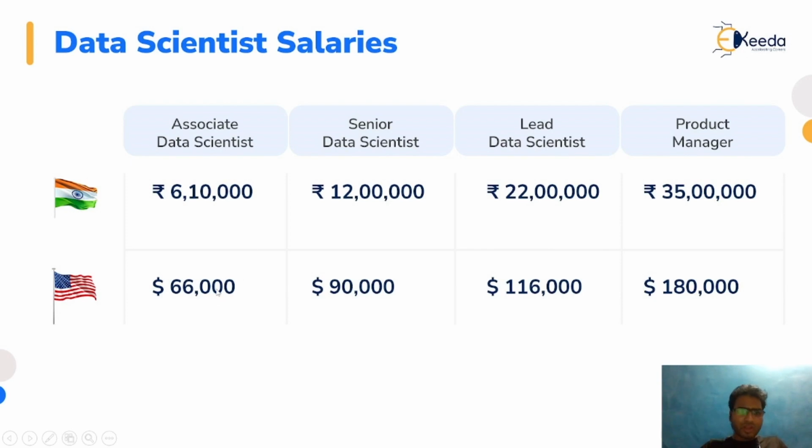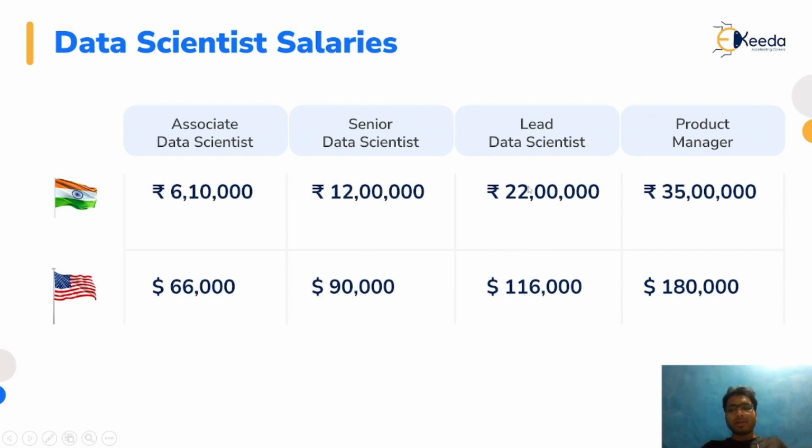In Indian rupees it would be approximately somewhere around 50 lakhs. For senior data scientists in India, as a median package they can get around 12 lakh rupees, whereas in the US they can get around $90,000, which comes to approximately 70 lakh rupees.